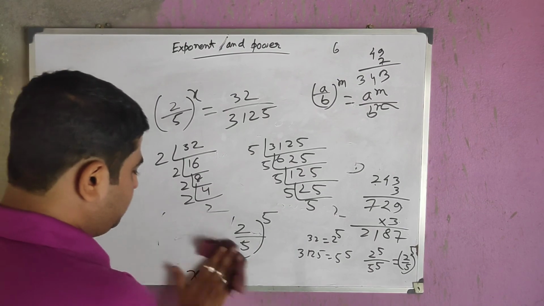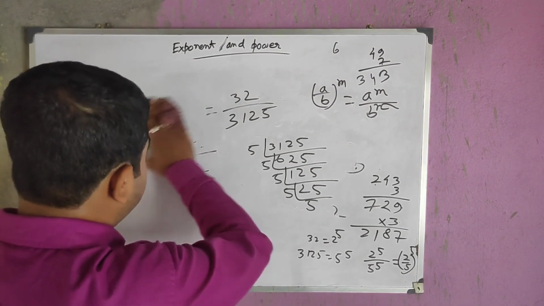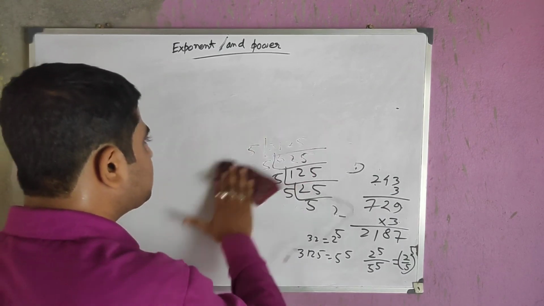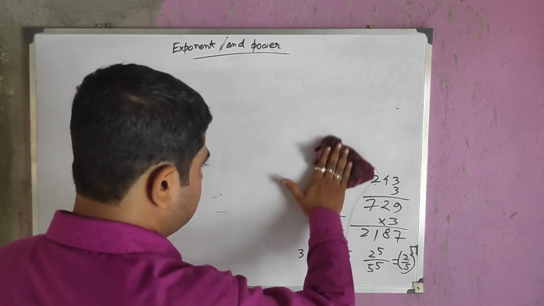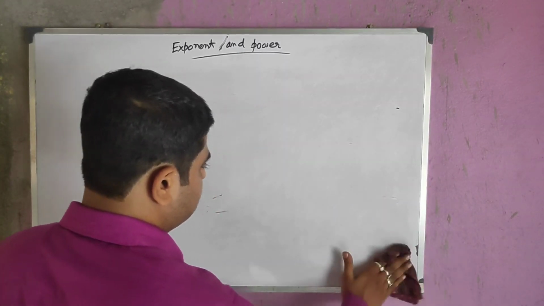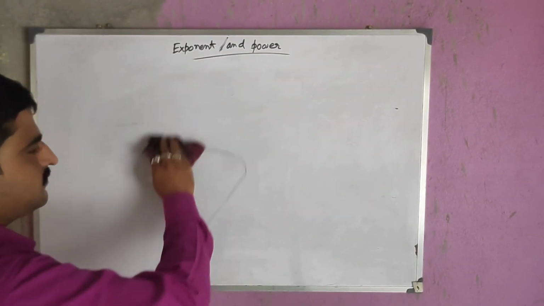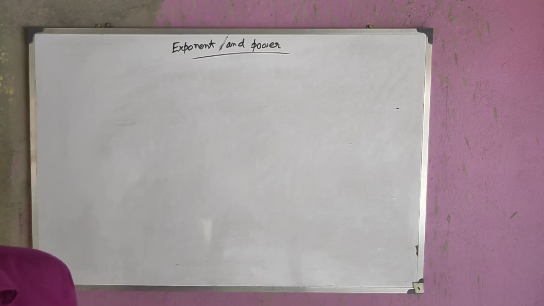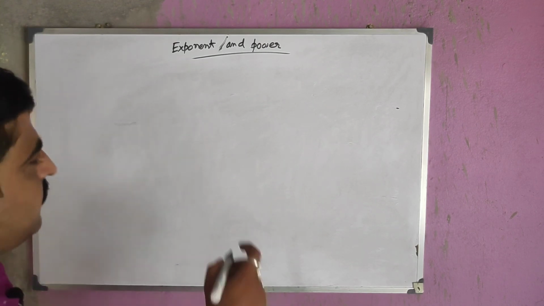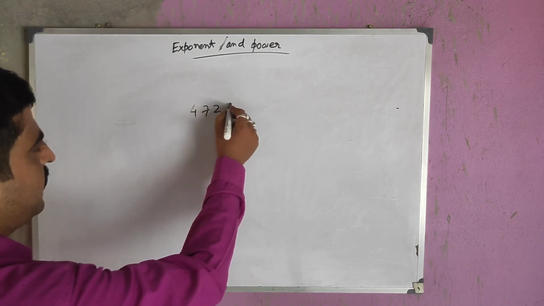Next sum. Write the prime factorization of the following numbers in the exponential form. I am choosing one number, 4725.